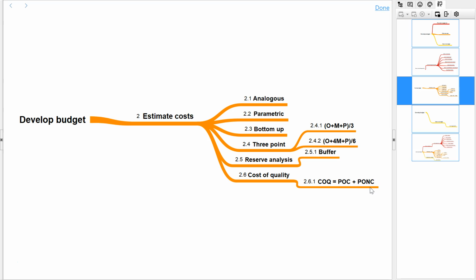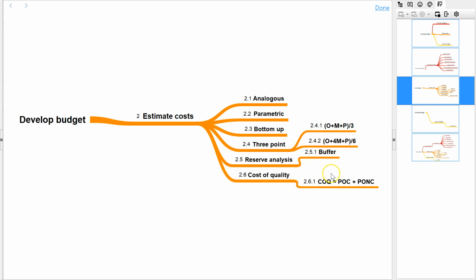All those things come under price of non-conformance. These things also matter because even the price of conformance has a cost associated with it. Price of non-conformance also has a cost associated with it. So these things should be factored in while estimating the costs.